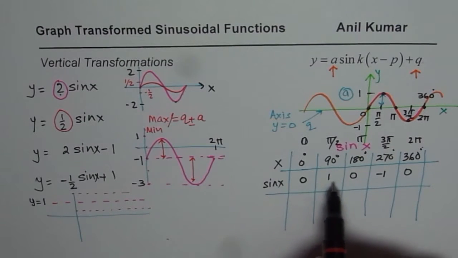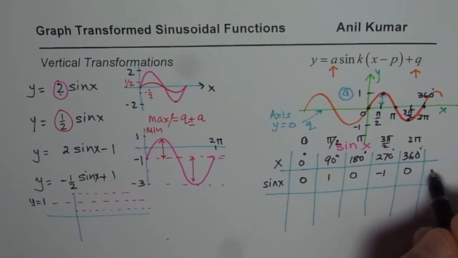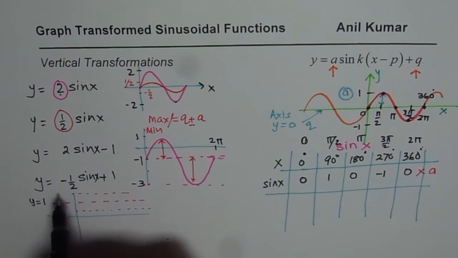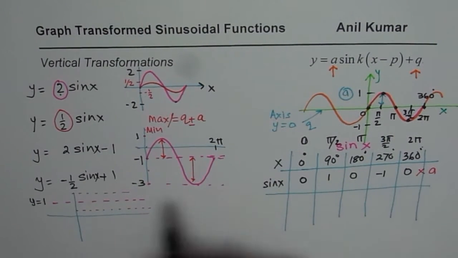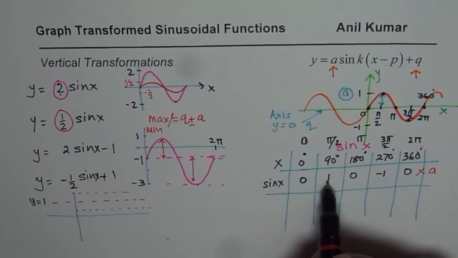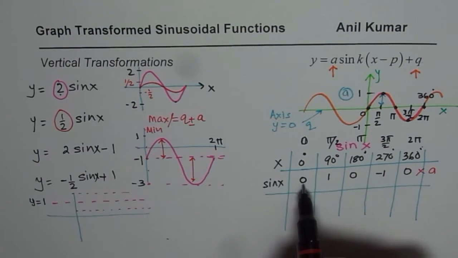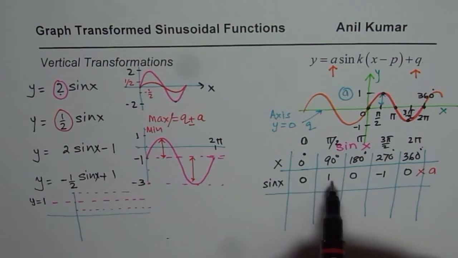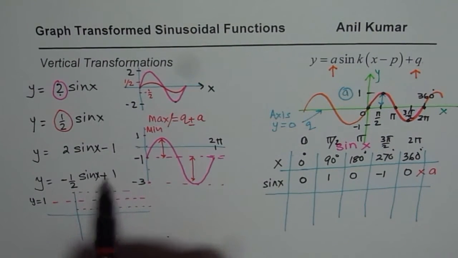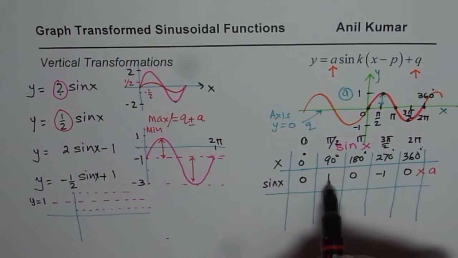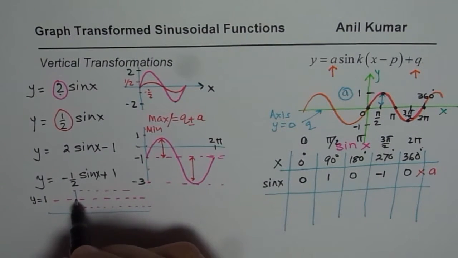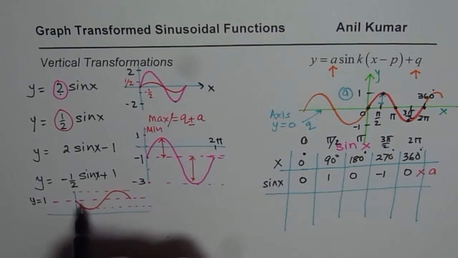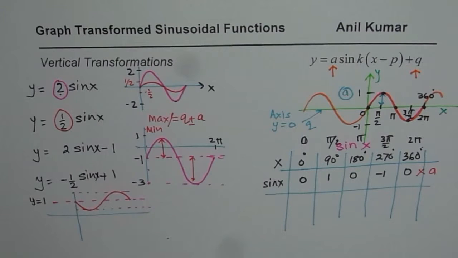And these values are actually multiplied by a. In our case, a is half, so you can say minus half. So these values get multiplied by minus half. So 0 remains 0. And 0 plus 1, that's why we went 1 unit up, right? And then minus. So the wave now will be kind of like this. You see that? So that is how you're going to draw the wave.